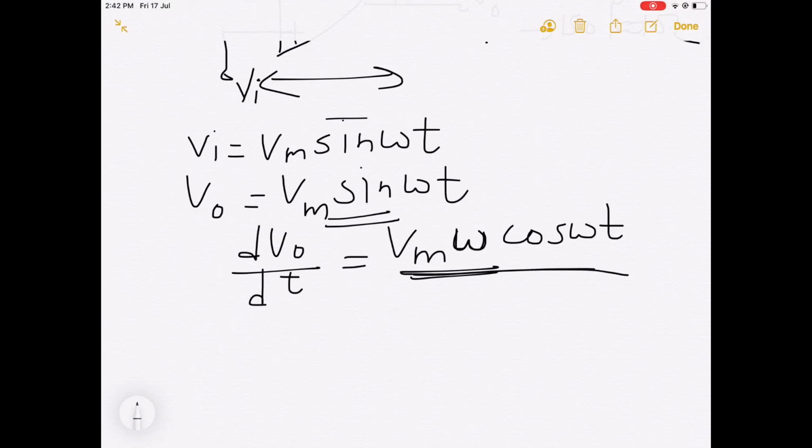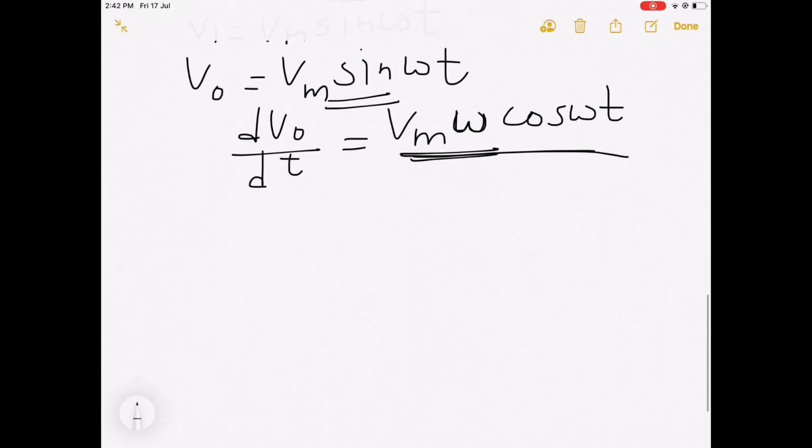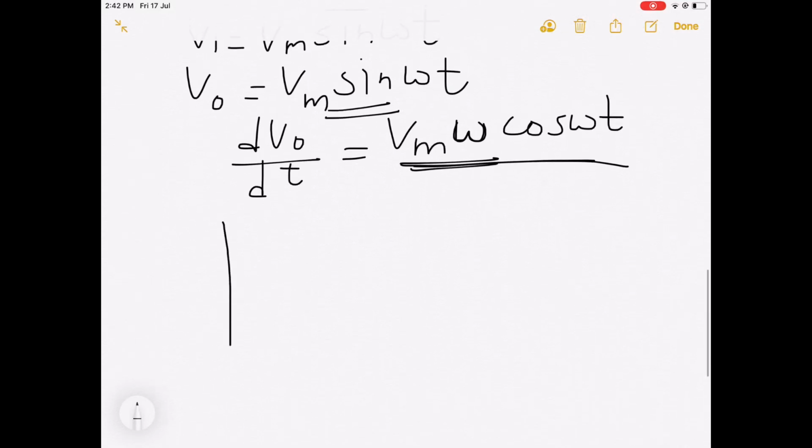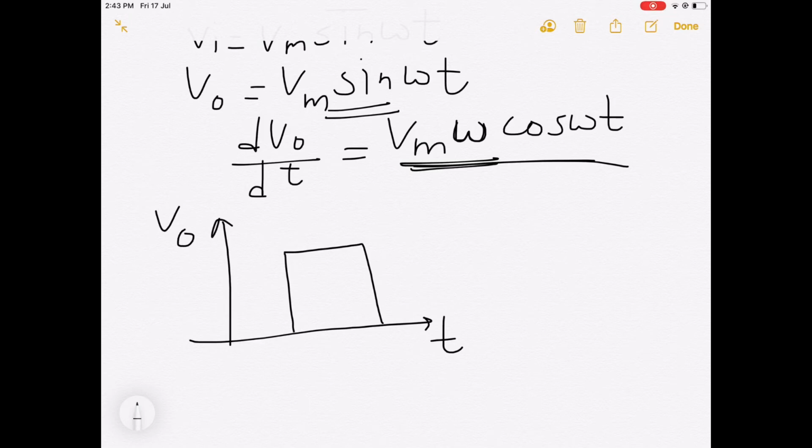So if you apply a sine wave, what happens at the output, and if you apply a pulse at the input, what happens? For this I am drawing one diagram here. In the voltage follower, suppose we are applying one pulse at the input side. This is t, this is Vo. Because of the slew rate effect, your output will change like this.